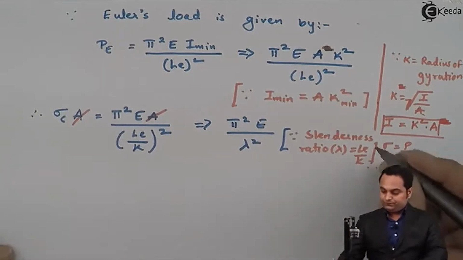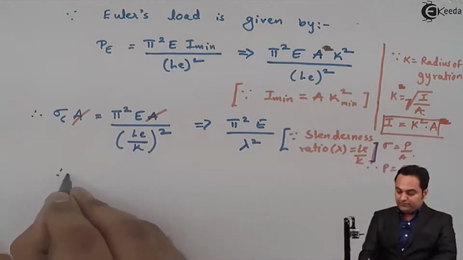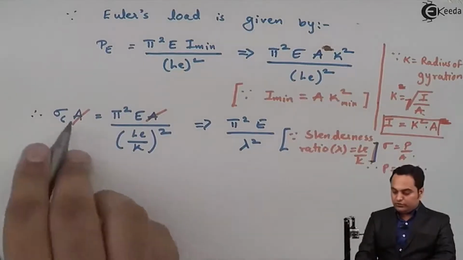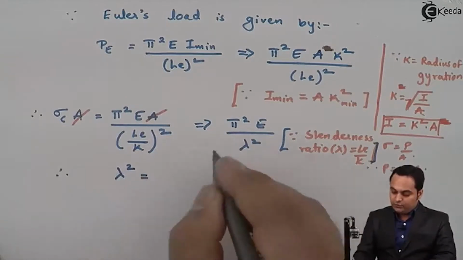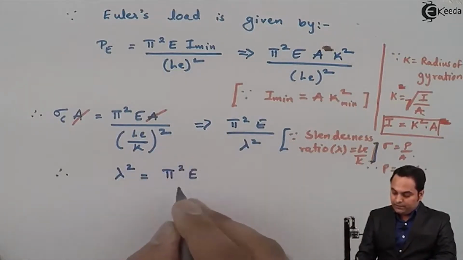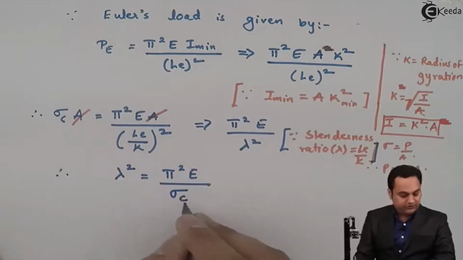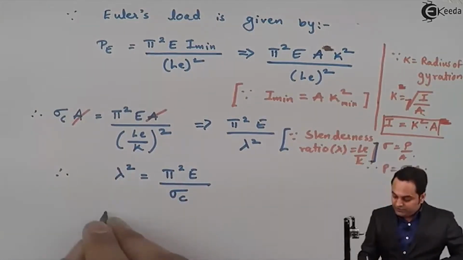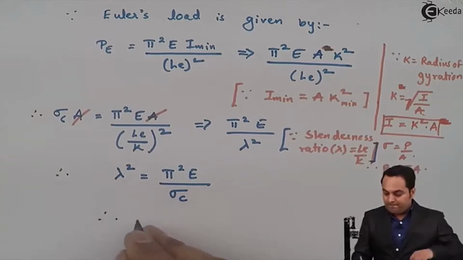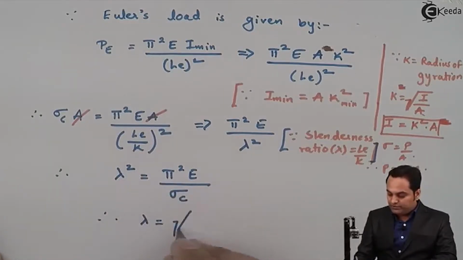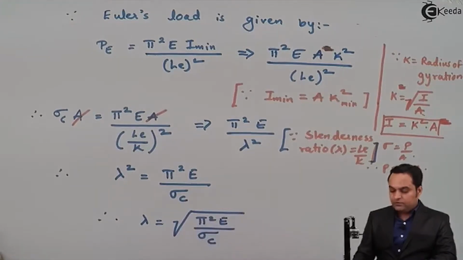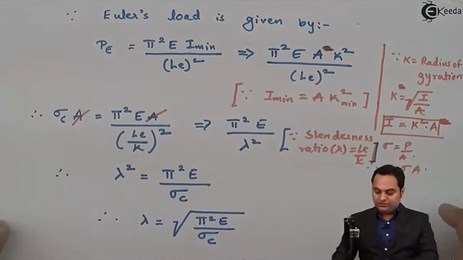So now I'll shift lambda square on one side, it is equal to pi square E, and this sigma c will be shifted in the denominator. Since we want lambda, I'll bring the root sign onto the other side. So lambda is root of pi square E upon sigma c. From this, we are going to get the slenderness ratio.